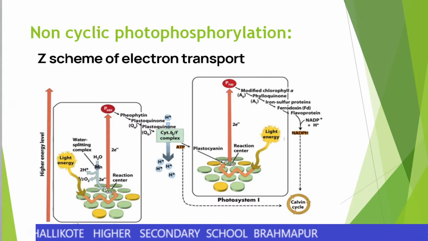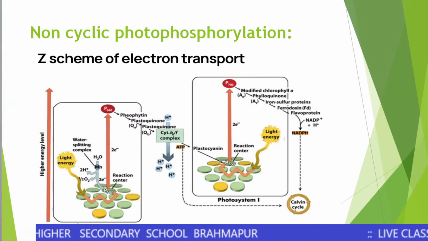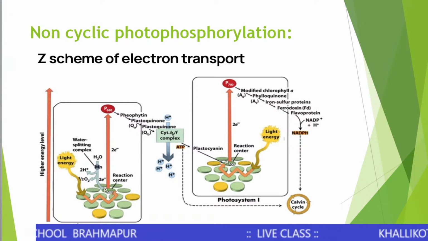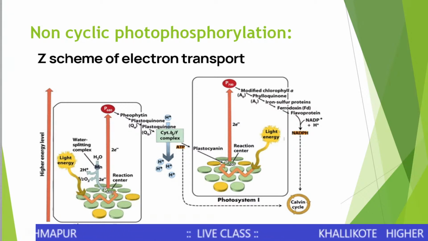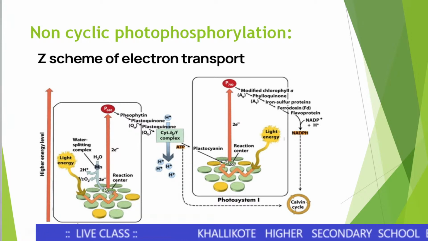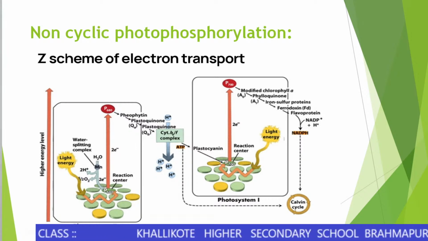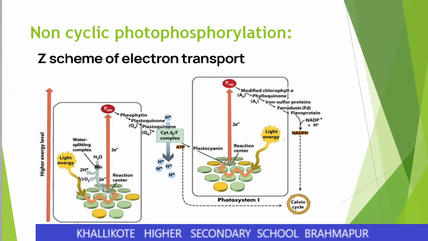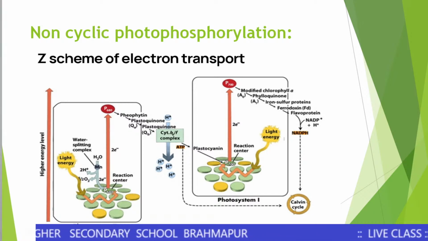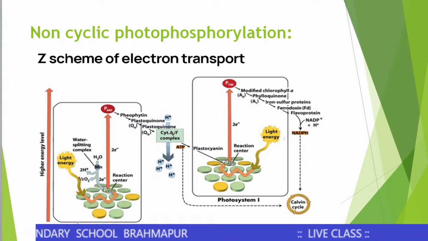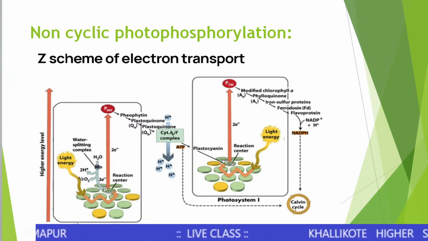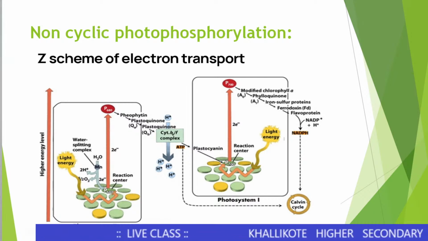Initially, the electron that is lost from P680 creates a hole in P680, so it is positively charged. This positively charged P680 molecule attracts electrons from the nearby molecules. Here the role of the oxygen evolving complex comes into action. Water molecule is split into H plus and OH minus ions.